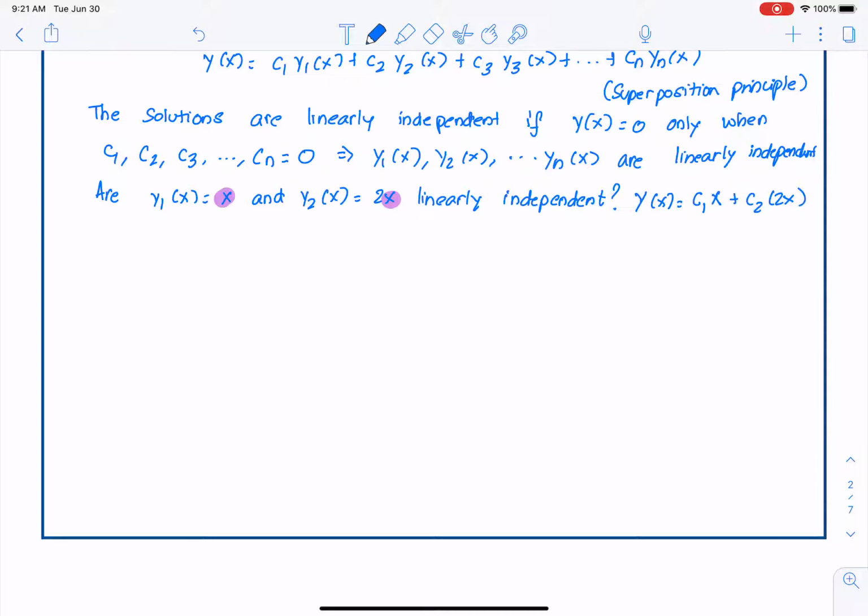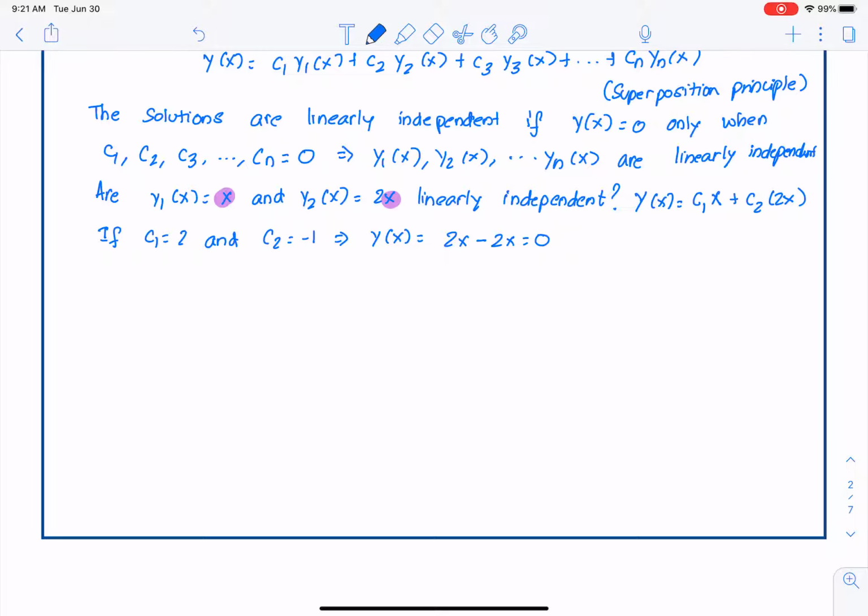Now, if I pick appropriate values for c1 and c2, that particular equation would become 0. So if I choose c1 equals 2 and c2 equals -1, then y of x would equal 2x minus 2x, which is 0. So the solution becomes 0 for non-zero values of the constants.